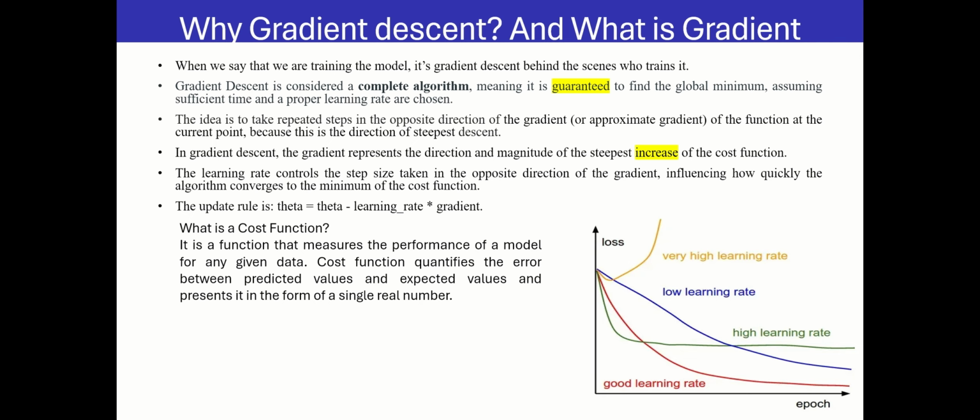So what is basically the gradient? Because to know what gradient descent is, we must know what the gradient is, and in turn we must know the cost function. Cost function is nothing but this: to train something, to make the model perform the best, we require that it takes the least cost, the least error.